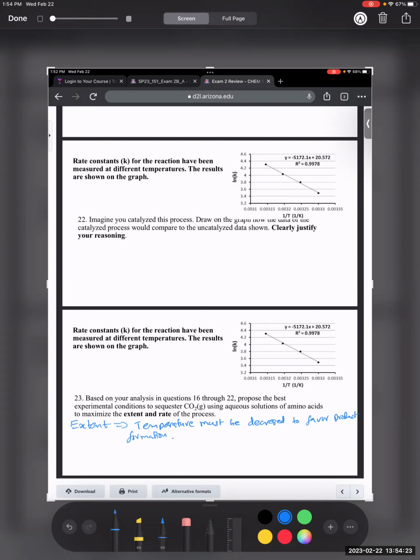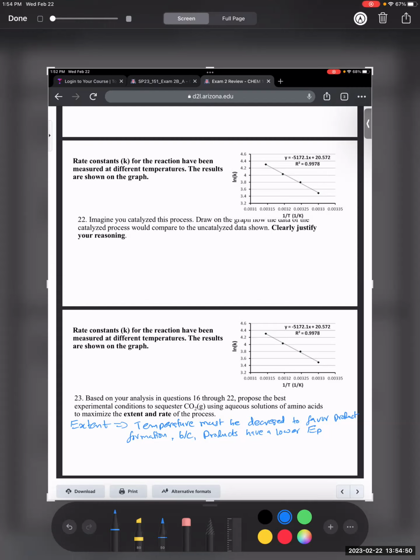Why? Because products have a lower potential energy. That's what we can do to do that.